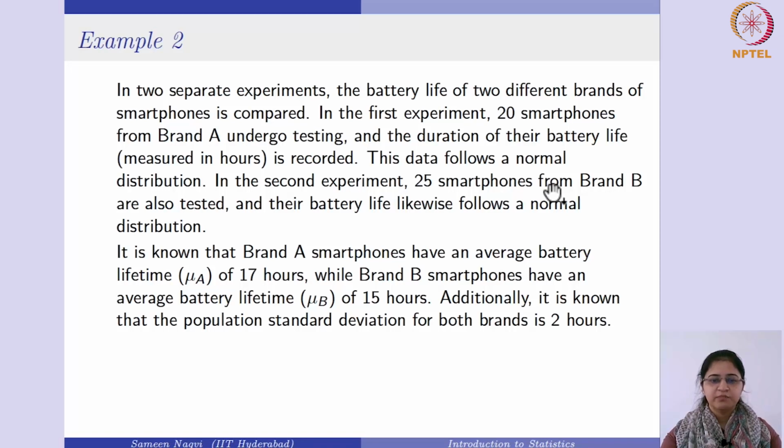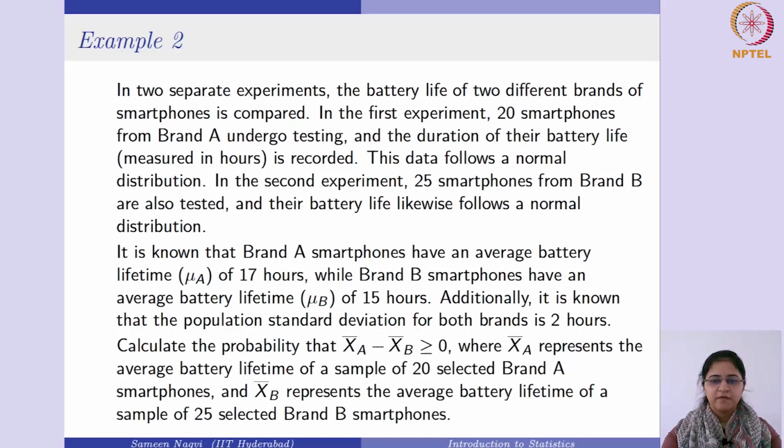It is known that brand A smartphones have an average battery lifetime of 17 hours, that is, mu A is given, and mu B is 15 hours. The population standard deviation for both brands is 2 hours, so sigma 1 square is the same as sigma 2 square. Everything is given, so you just substitute the values using this theorem.